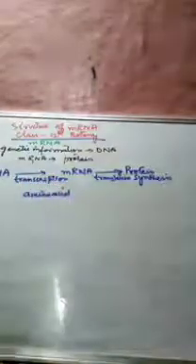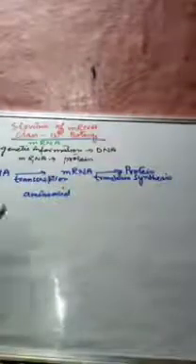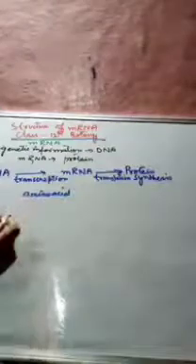Now this mRNA contains genetic information to code a particular amino acid. It contains the information in the form of codons.